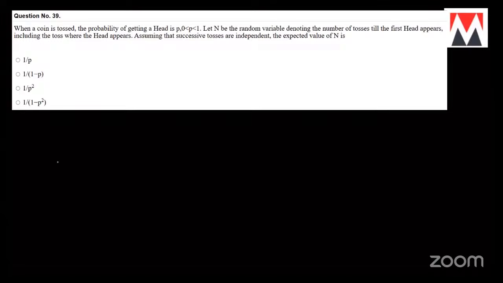Now let n be the random variable denoting the number of tosses till first head appears. Please try to solve this.